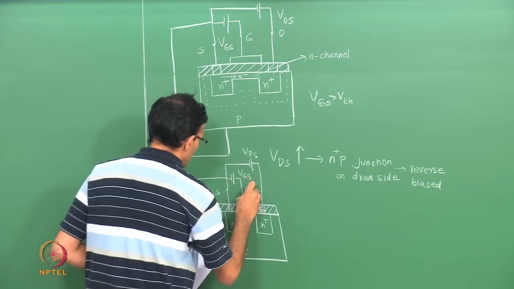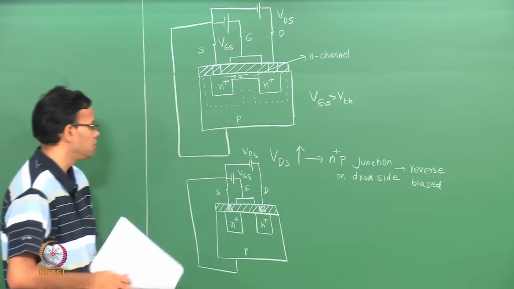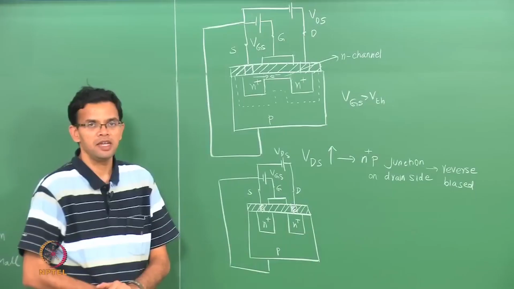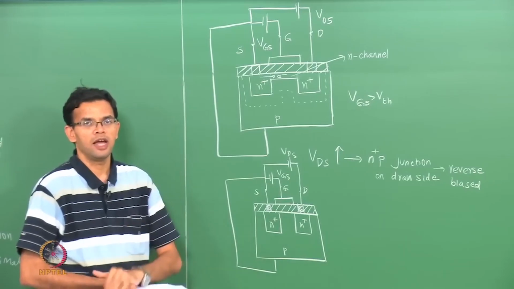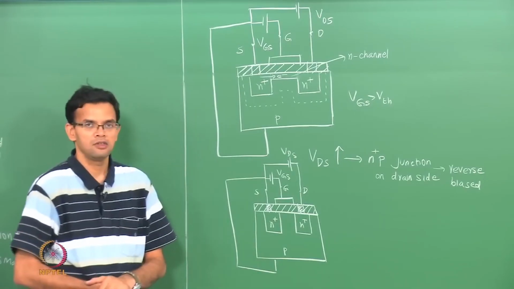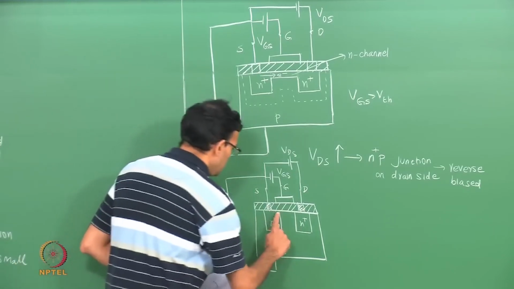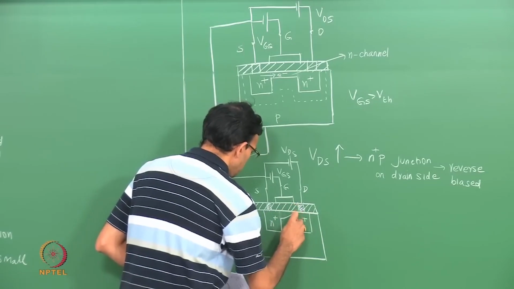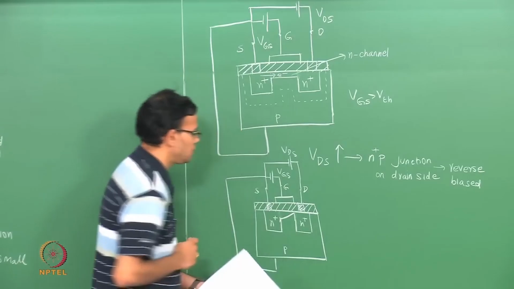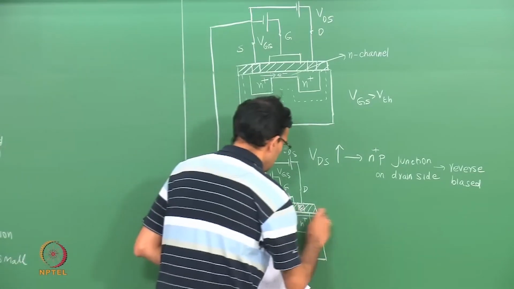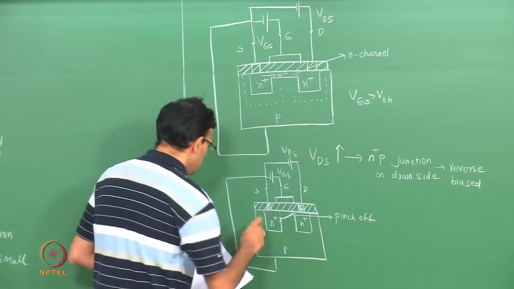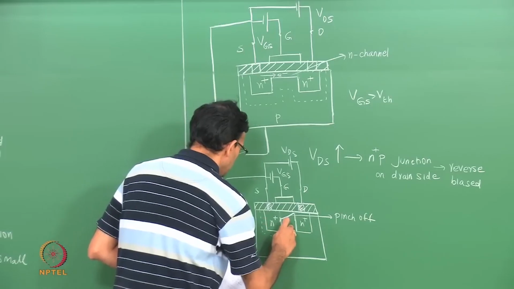Source, gate and drain. I have my gate source voltage above the threshold, so that I have an N channel, but when I start increasing VDS, the channel starts to narrow towards the drain region, so that ultimately you have pinch off. To show this, you can show the N channel narrowing as we approach the drain region. There is still a depletion region surrounding it.